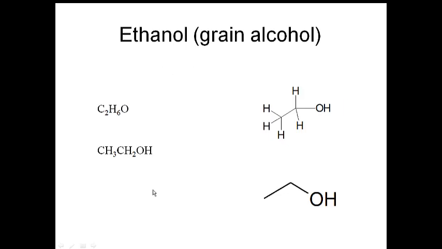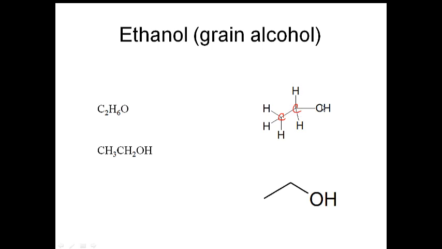Now, there are different types of structural formulas depending, in essence, upon how lazy you are. Here's a couple of structures of ethyl alcohol. Ethyl alcohol, grain alcohol, ethanol has a molecular formula of C2H6O. That's not very useful to us. What we'd like to know is how the atoms are attached in ethanol. Here is one way to draw the structure.